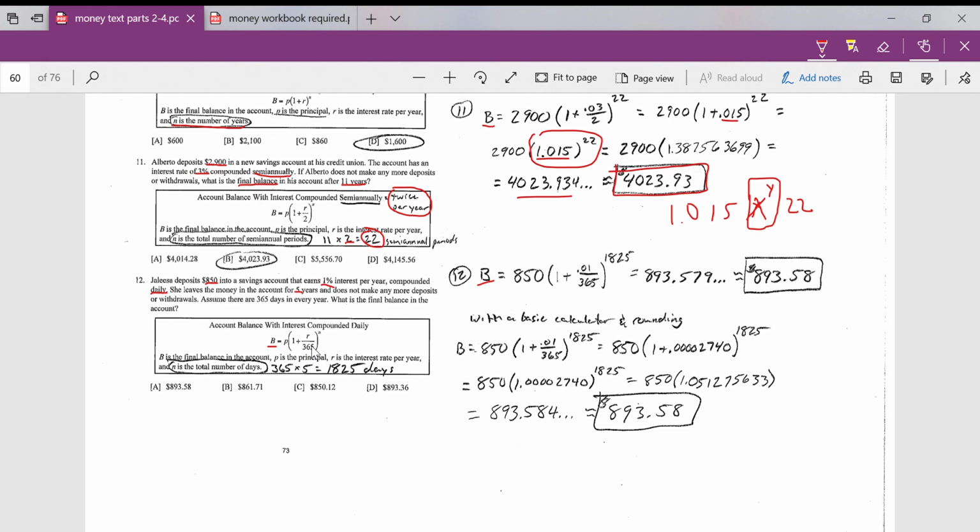And then the N is the number of days that this takes place. So don't just write 365. This is happening for 5 years, so you take 365 times 5. Your exponent is 1,825.